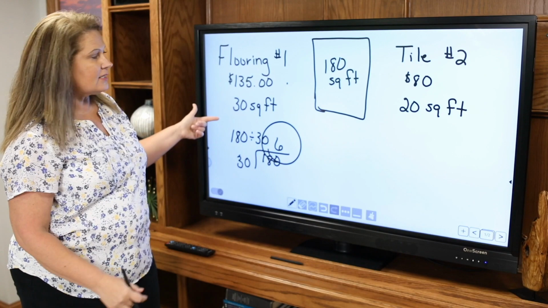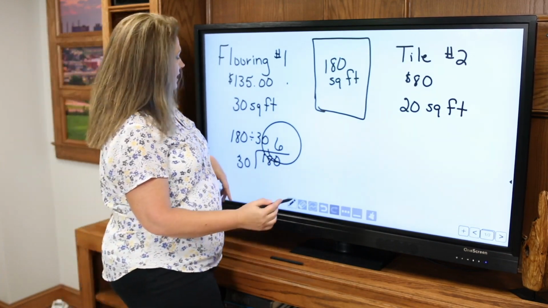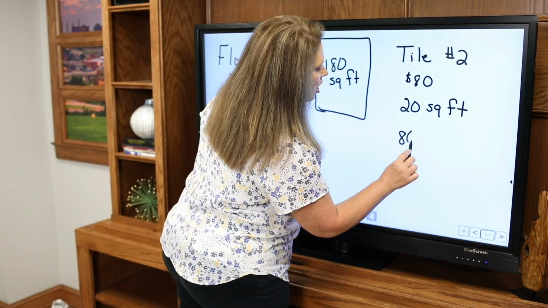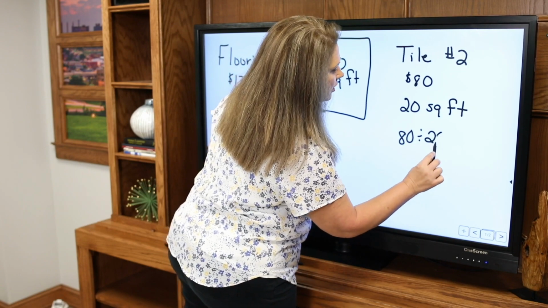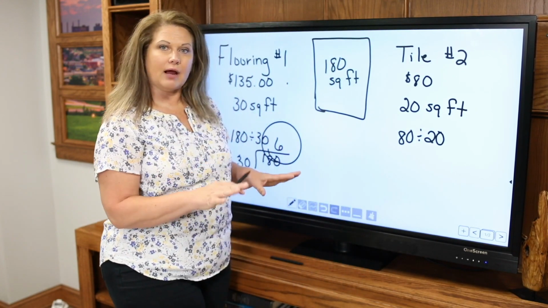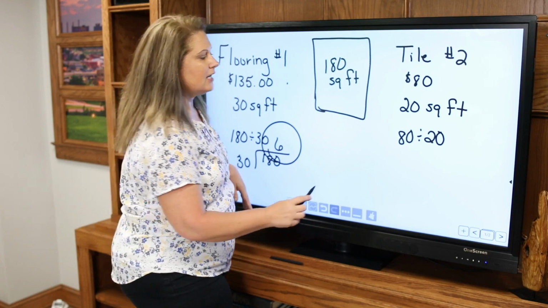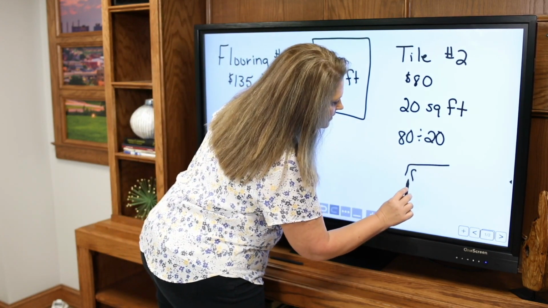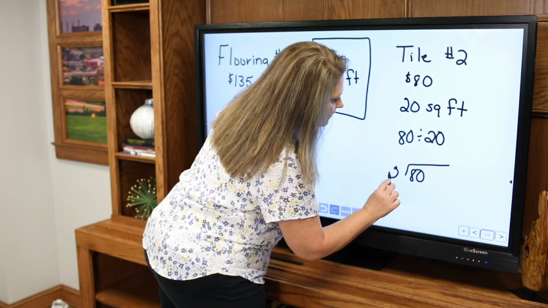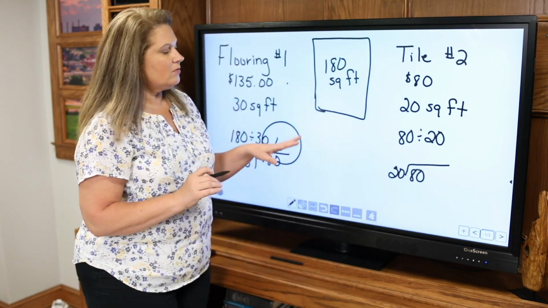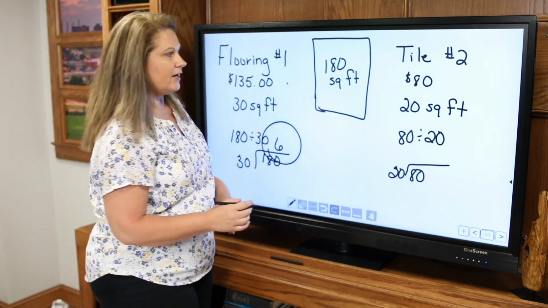So we're going to do the same process as we did over here. We're going to divide. We're going to take our cost. We're going to divide it by 30. That's how you're going to write it in or type it into the calculator. If you're doing it by hand, you're going to say 80 divided by 20. And if you notice, this again is going to go in very nicely.